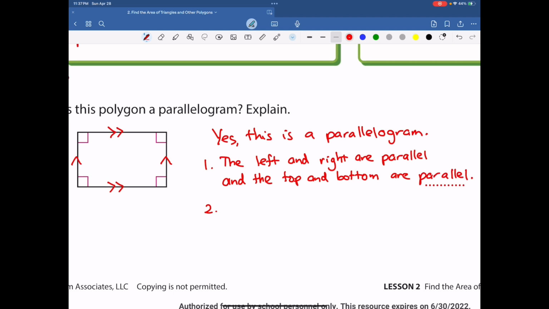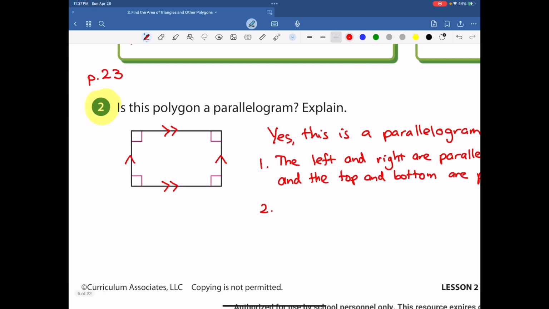Here's reason number 2. Also, the left and right are equal lengths, and the top and bottom are equal widths. So you'll notice that the left and right, they're the same length, and the top and bottom, they're the same width.